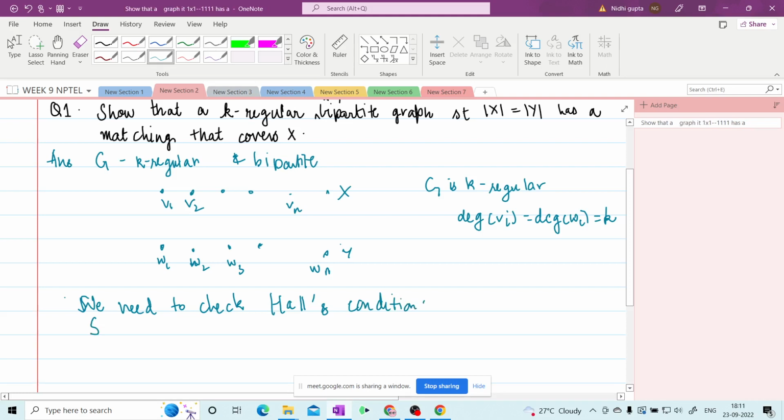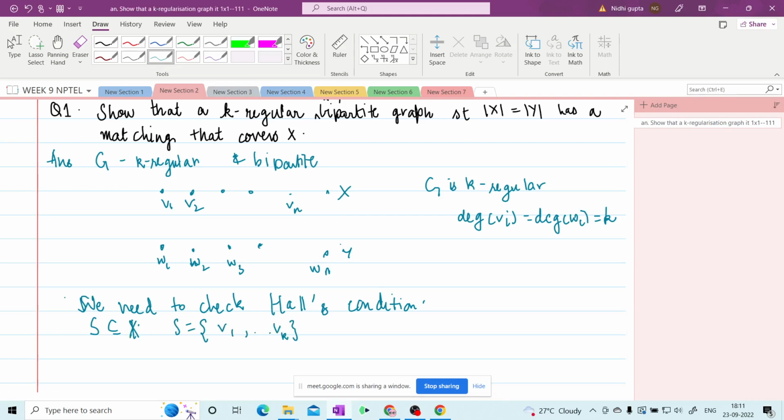If we start with any subset S of X, say S is equal to some V1, ..., Vj, then we have to show that order of neighborhood of S is greater than or equal to j, because this is what order S is.